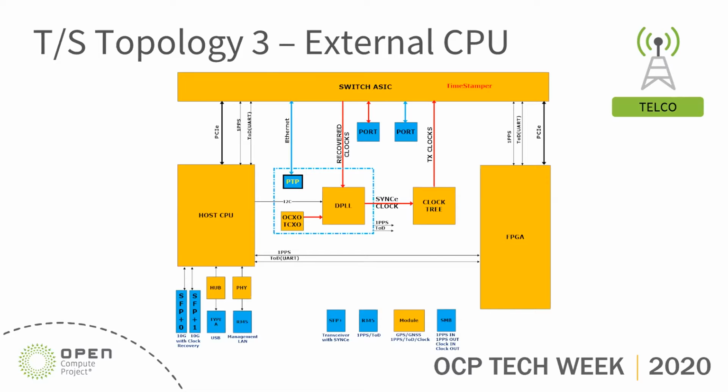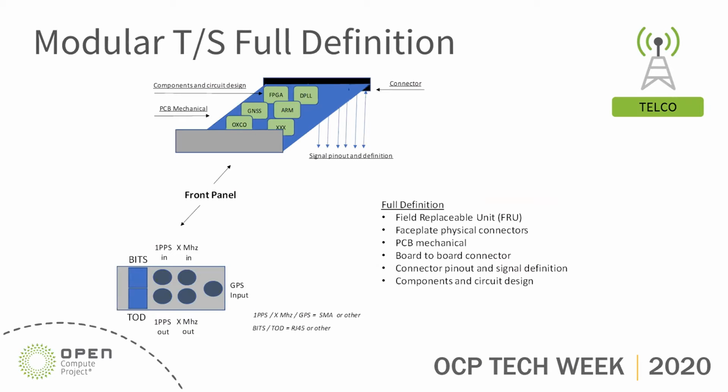The proposal here is two definitions of a modular timing sync function. One would be a full definition, basically an add-in card, perhaps externally accessible, and would include defining the connector, potentially the front panel in terms of the ports required to access and monitor timing sync signals.